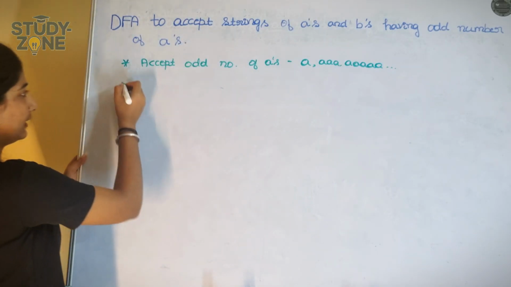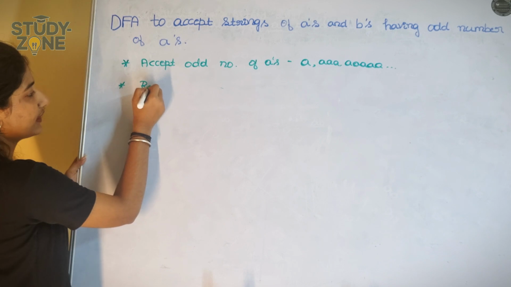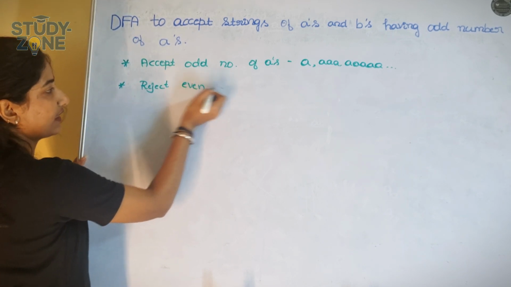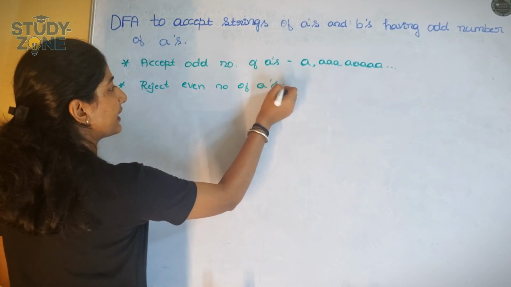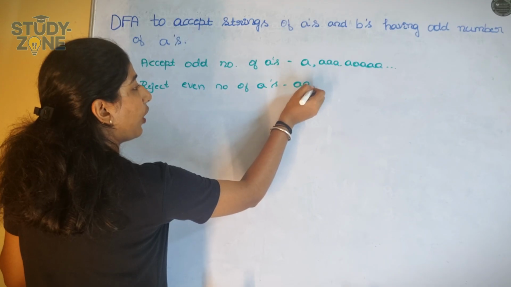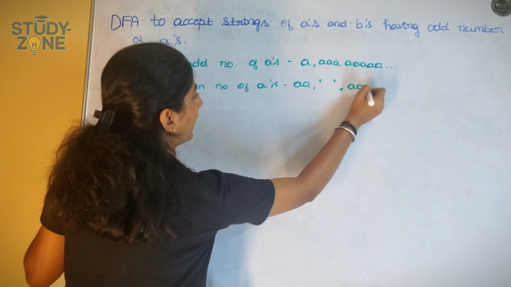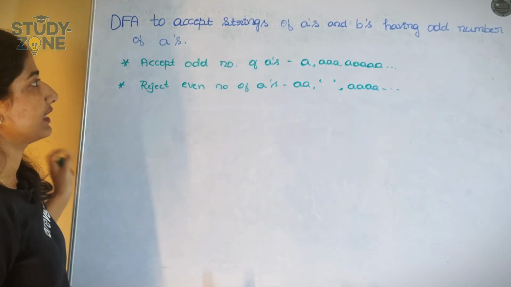Okay, one thing is that. And then we have to reject even number of A's, right? We have to reject even number of A's, which means no A or A A like this.